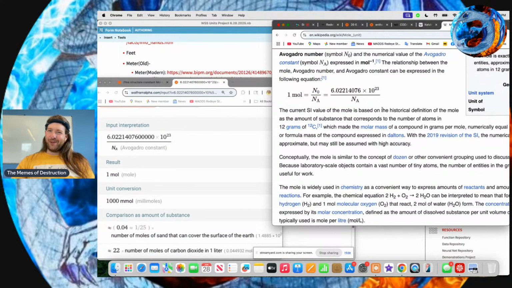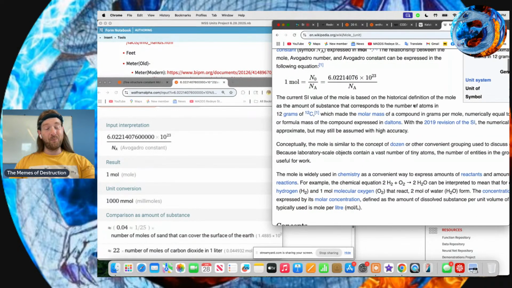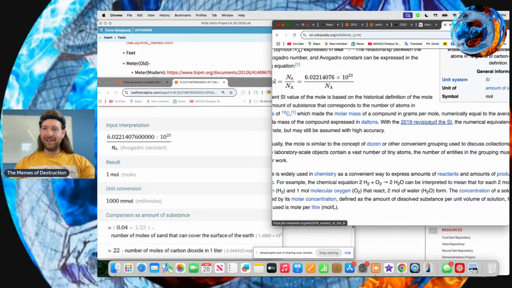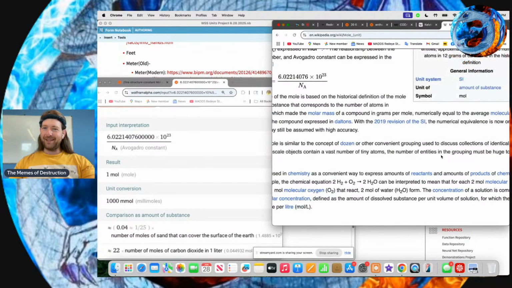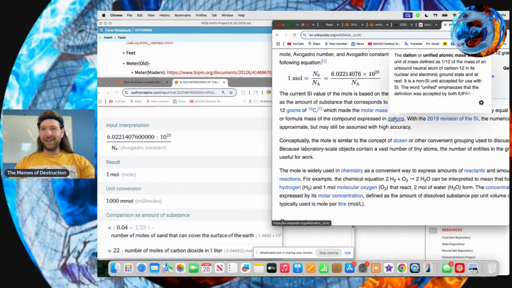The current SI value of the mole is based on the historical definition of the mole as the amount of stuff that corresponds to the number of atoms in 12 grams of carbon-12. Okay. So we made the molar mass of a compound, how we get the atomic mass unit. There's the molecular mass of the formula compound expressed in Daltons, aka the atomic mass unit.